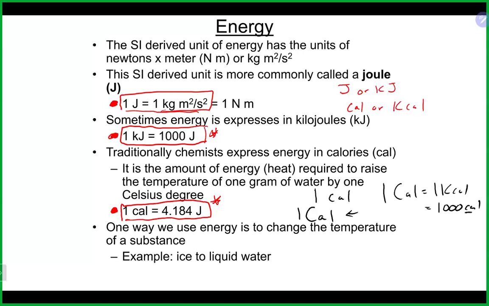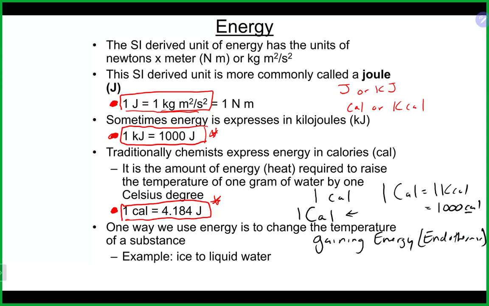One of the ways that we use energy is to change the temperature of a substance, like ice to liquid water. If something is gaining energy, which, as we talked about, is endothermic, will its temperature go up or down?